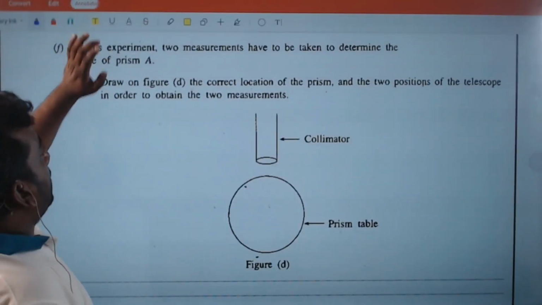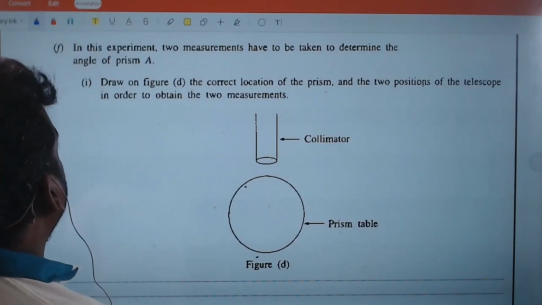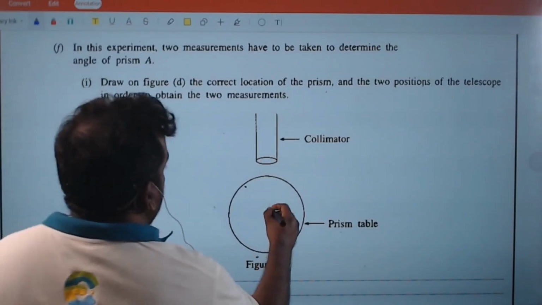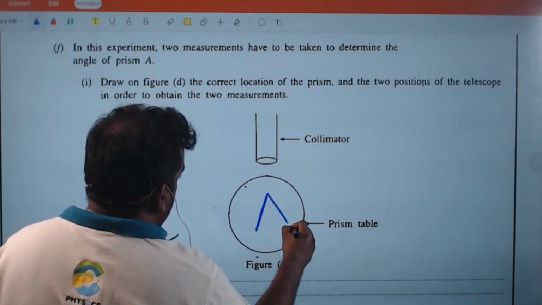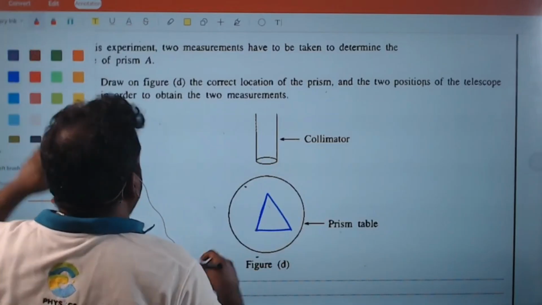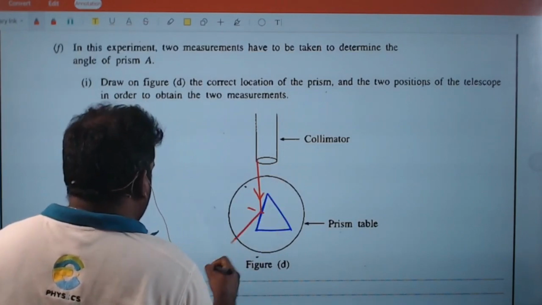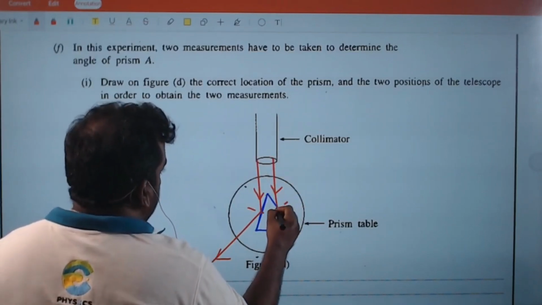In this experiment, two measurements have been taken to find the prism angle. Draw the correct location of the prism and the two best positions. So the prism angle should be facing the collimator, and light rays will partially reflect.